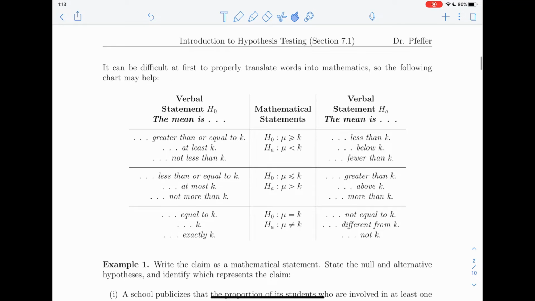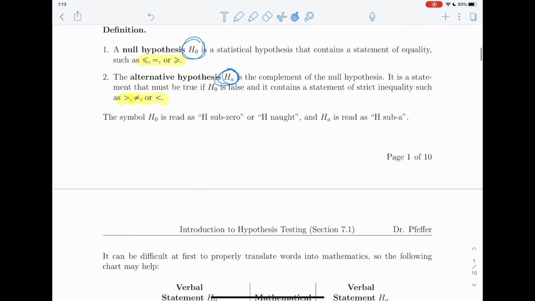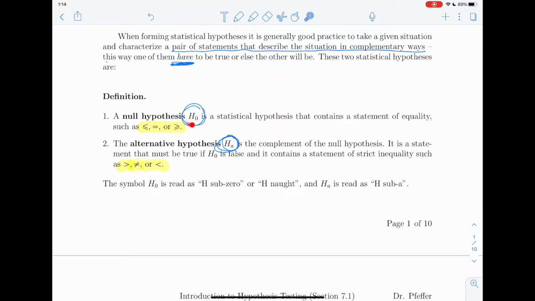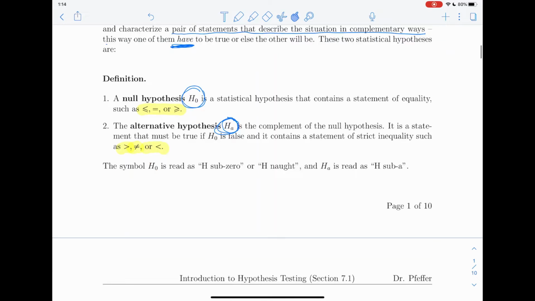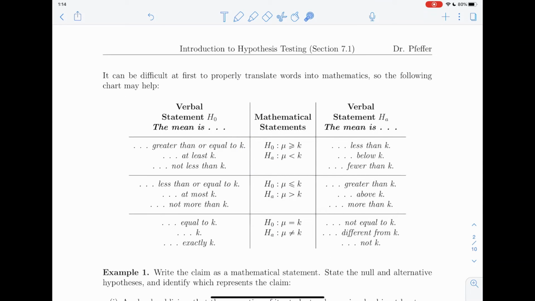Now, there are a lot of different combinations for how these two statements can go together. This is a table that can help organize your thoughts. Remember that our definition is that H naught will contain statements of equality. So H naught might contain something like mu is greater than or equal to k.